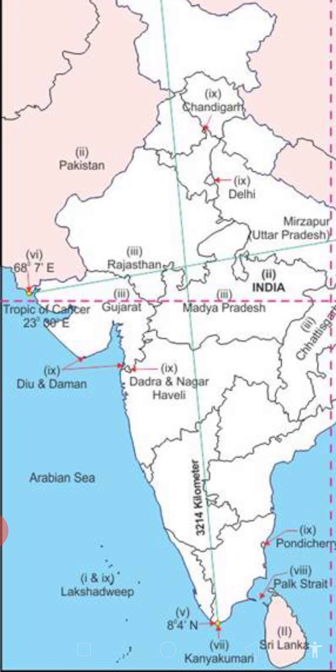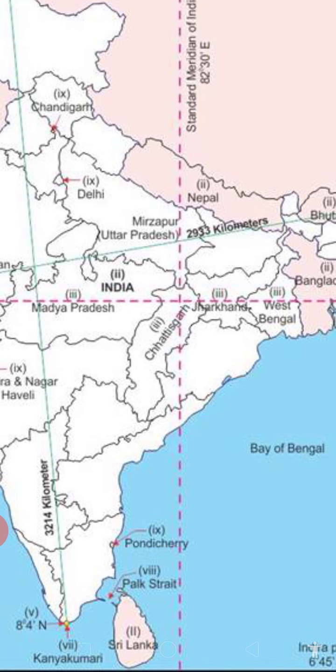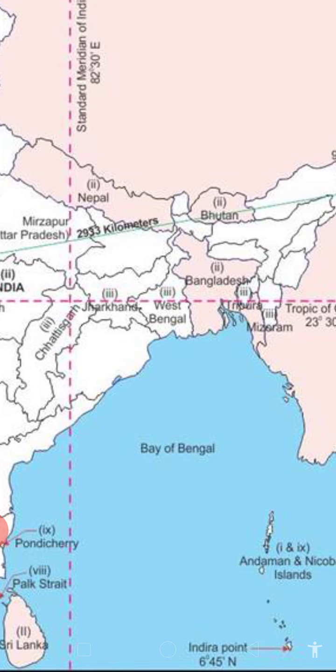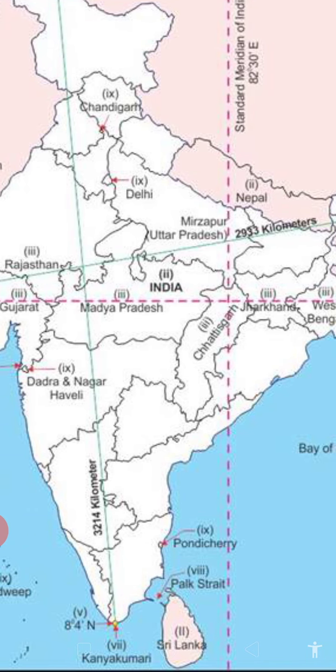Then Dadra and Nagar Haveli. Then Lakshadweep. Then in Tamil Nadu there is Pondicherry, and then the Andaman and Nicobar Islands. These are the 7 union territories of India.